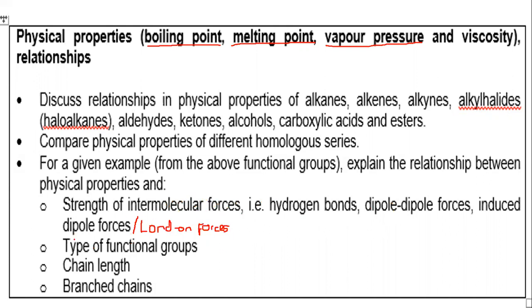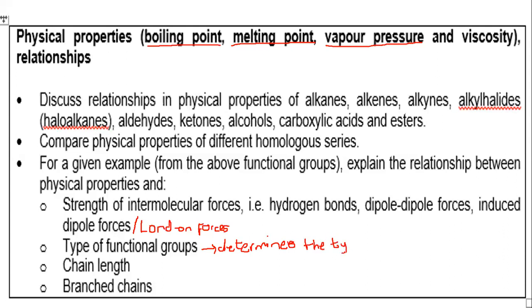As well, we must be able to talk about the type of functional groups. And the type of functional groups actually determines the types of intermolecular forces. So the type of functional group that we get in an organic molecule definitely determines the type of intermolecular forces.